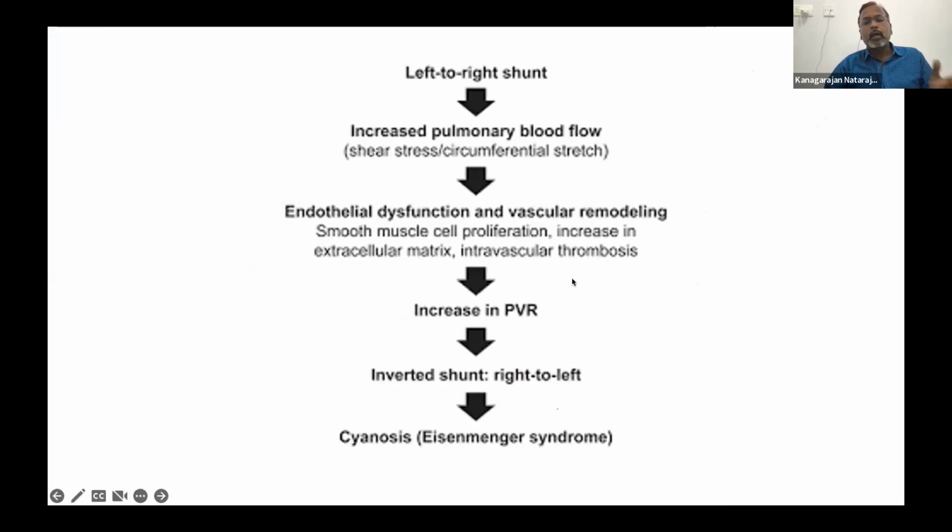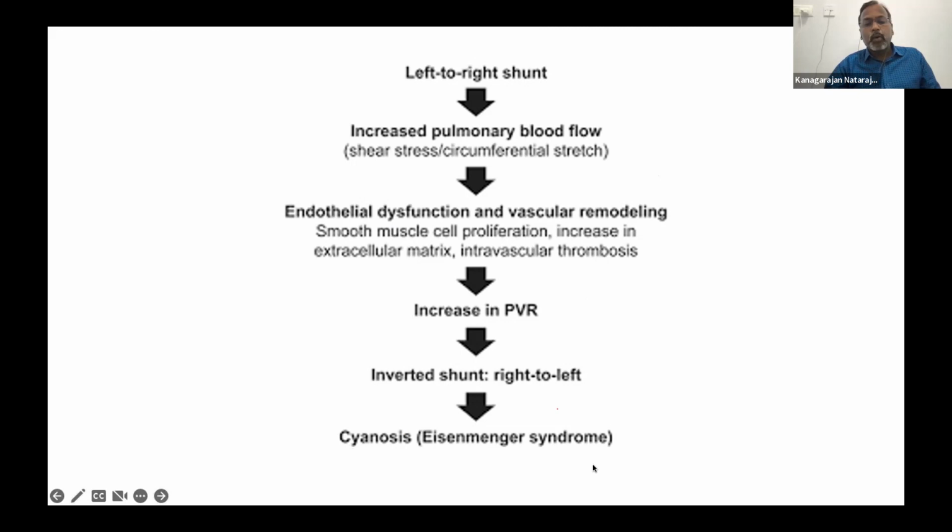As I told you, in the immediate postnatal period, the ductus arteriosus starts becoming a left to right shunt. If it is persistent beyond certain weeks, what we call a PDA, persistent ductus arteriosus, any left to right shunt can lead to an increase in the PVR in the long term.